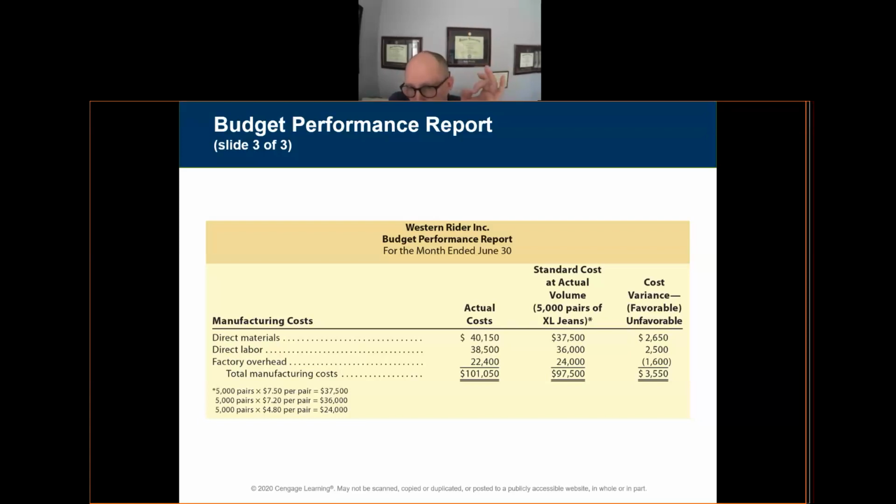If the actual cost is less than the standard cost, it is called favorable. And what we do is we add up all of our variances to get the total variance, whether it's favorable or unfavorable. Everyone sees how we got there? Does it make sense?